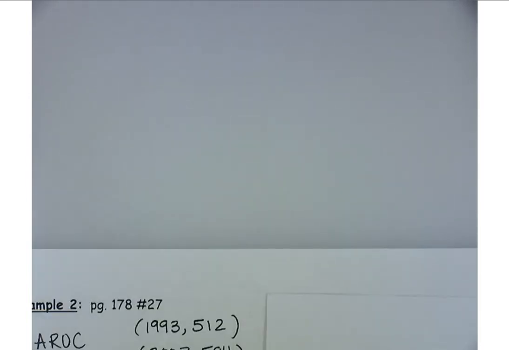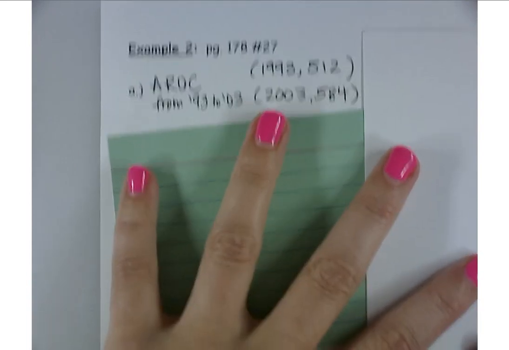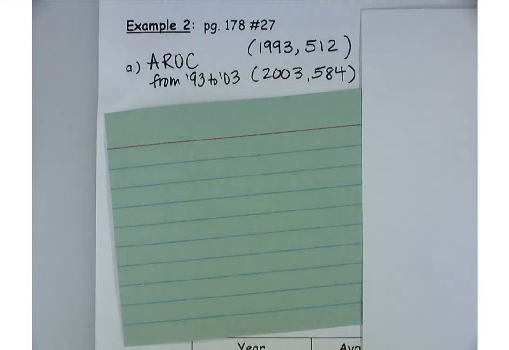I'm going to give you some time to do that. Okay, so in 93 there were 512. In 2003 there were 584. And feel free to move on to the next one if you finish that one quickly.